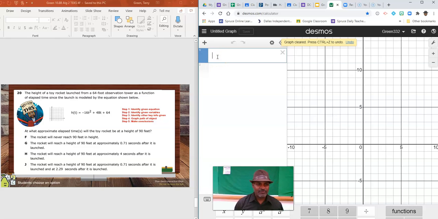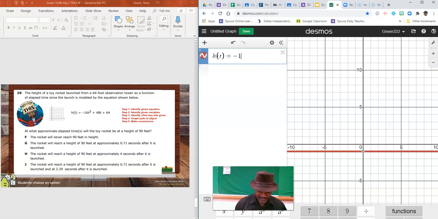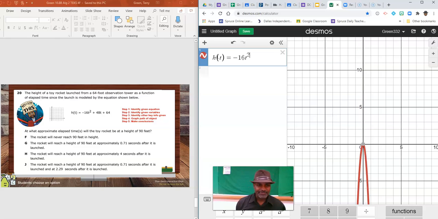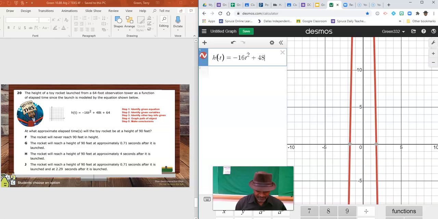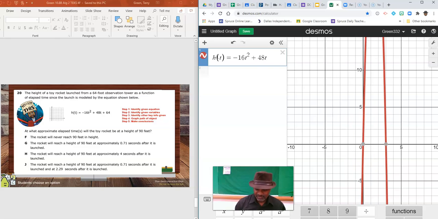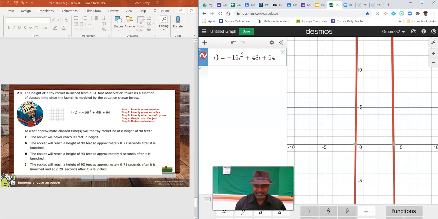The height of a toy rocket launched from a 64-foot observation tower, as a function of elapsed time since the launch, is modeled by the equation h of t equals -16t squared plus 48t plus 64.